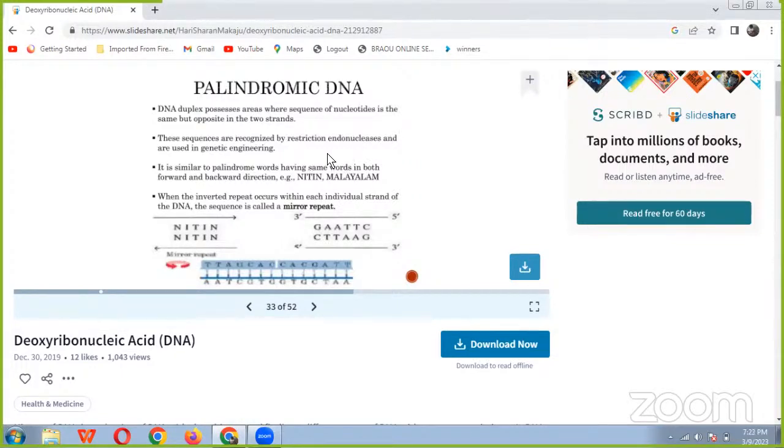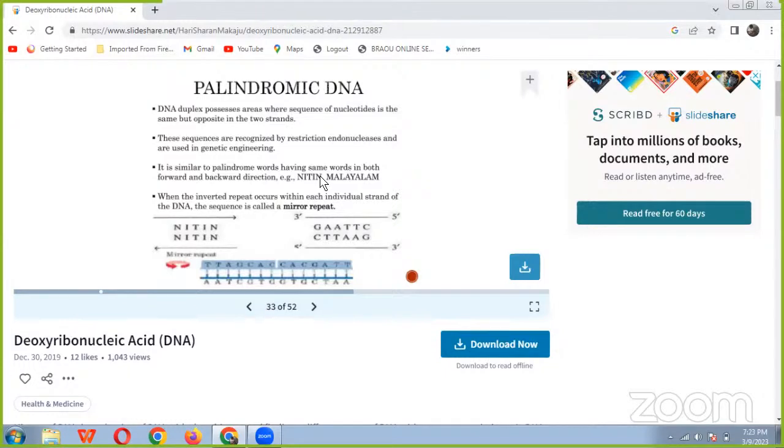Some sequences are recognized by restriction endonucleases used in genetic engineering. Similar to a palindrome, words read the same in both the forward and backward direction, for example Nitin or Malayalam. A palindromic DNA reads the same in the forward and backward direction.